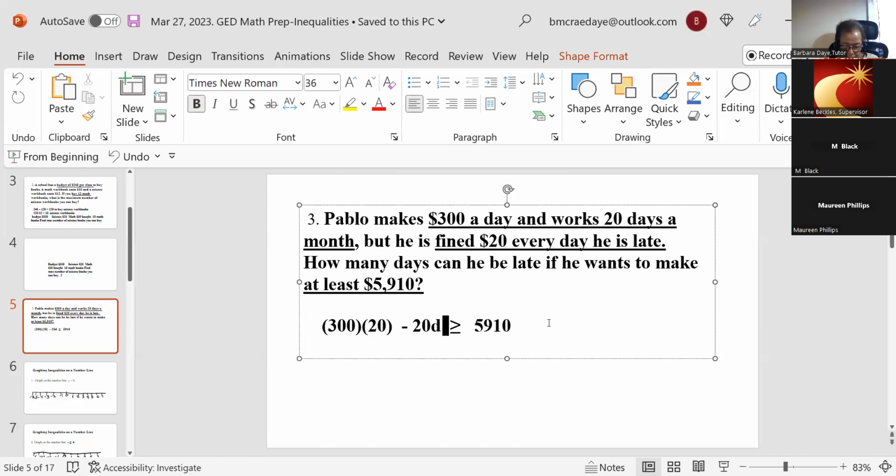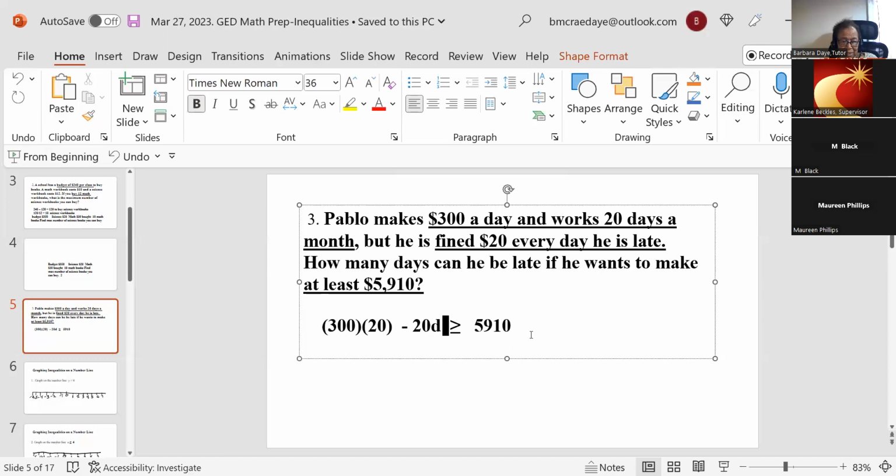How many days can he be late if he wants to make at least that? Okay, so solve for the D. Tell me what you get for D. That's the number of days he can be late and make that $5,910.